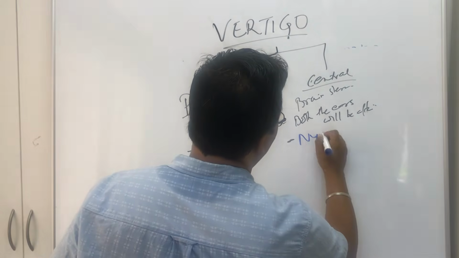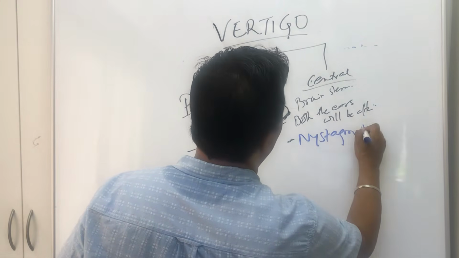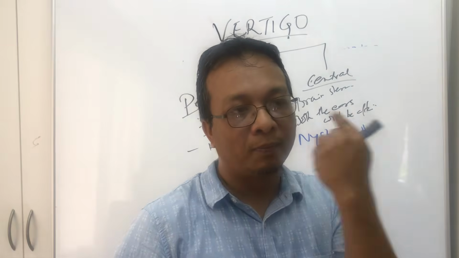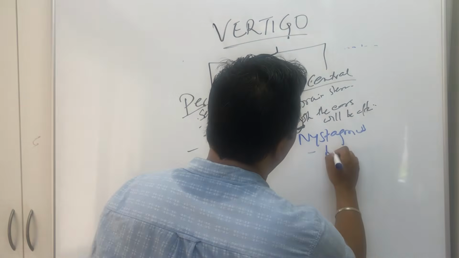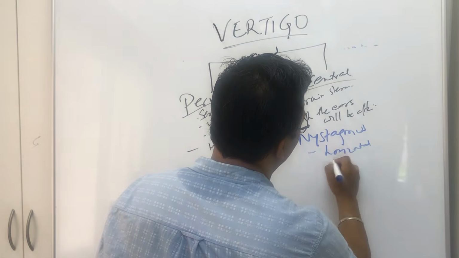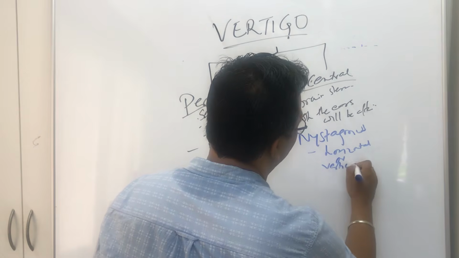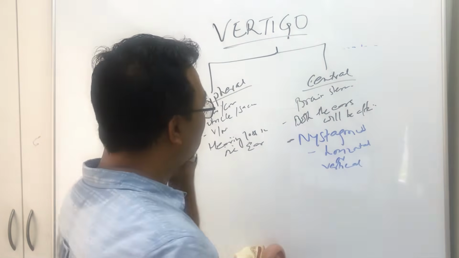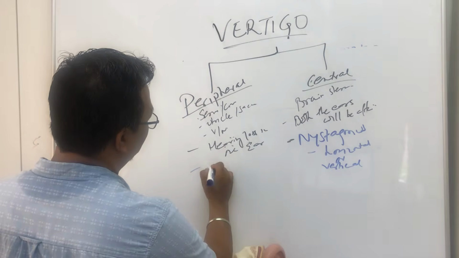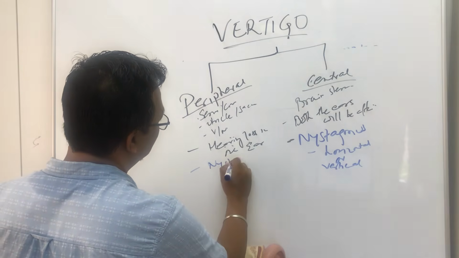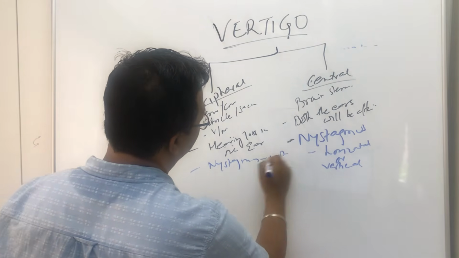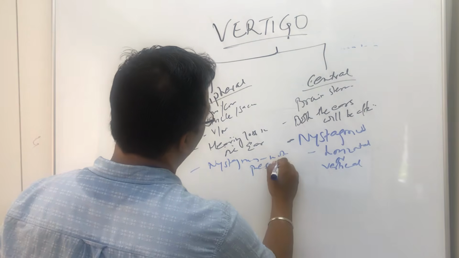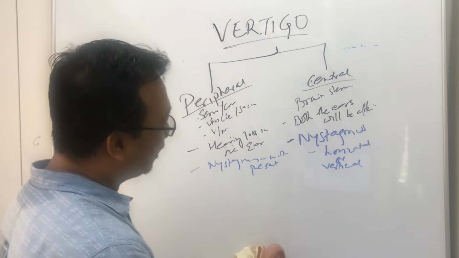So nystagmus is present in central vertigo; the eyeballs will move in a horizontal or vertical direction. But in peripheral vertigo, nystagmus is not so common, not usually present.